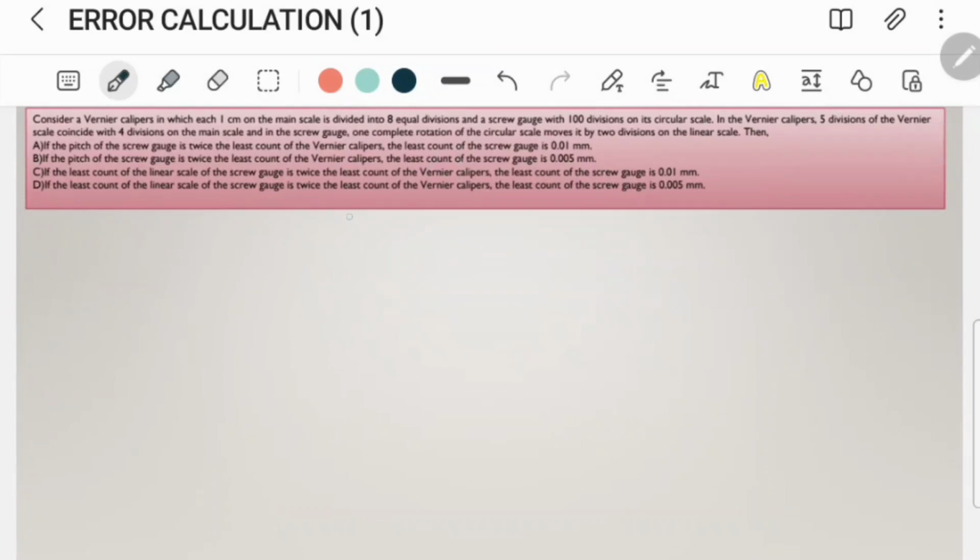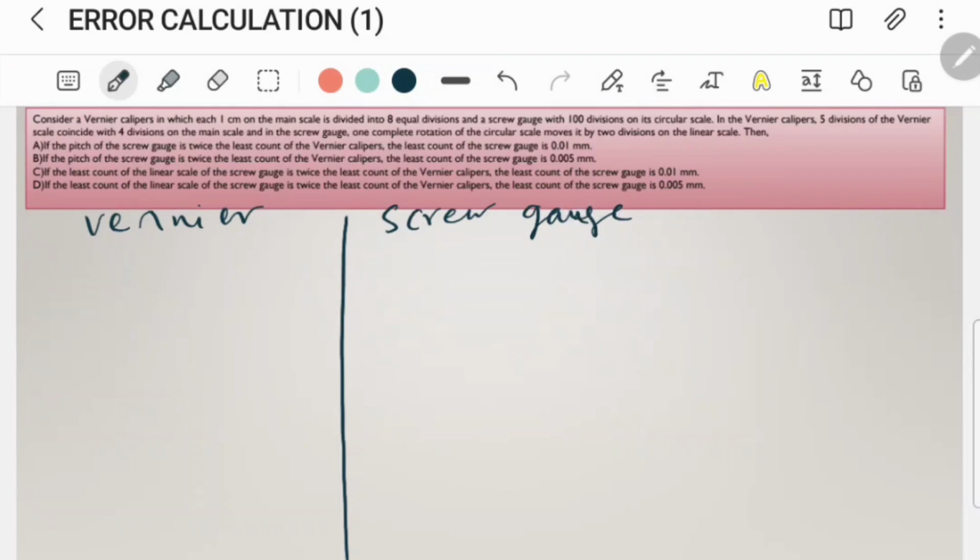In this problem they have given us details about one vernier scale and one screw gauge. The one main scale division of the vernier scale is given. They are saying 1 centimeter on the main scale is divided into 8 equal divisions. That means this is the main scale division. The scale is like this: 0, 1, 2, 3, 4, 5, 6. This is 1 centimeter.